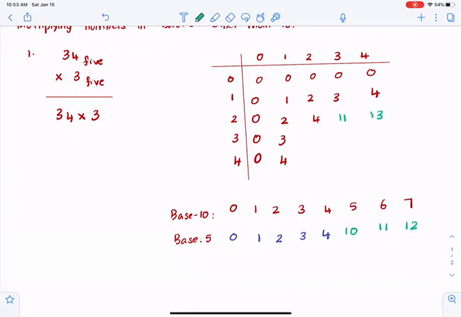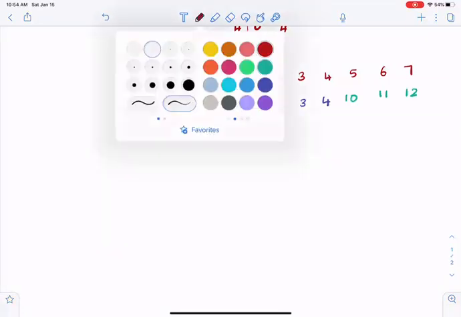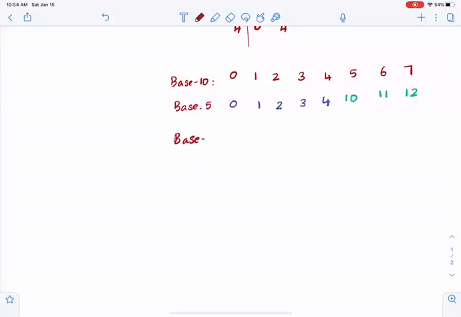3 times 2 is 6. We know 6 is 11. 3 times 3 is 9. We know 8 is 13, so 9 has to be 14. 10 would be 15. 11, we have to cycle back. So let's go ahead and write it out. So 8, 9, 10, 11, 12, 13, 14, 15, 16.